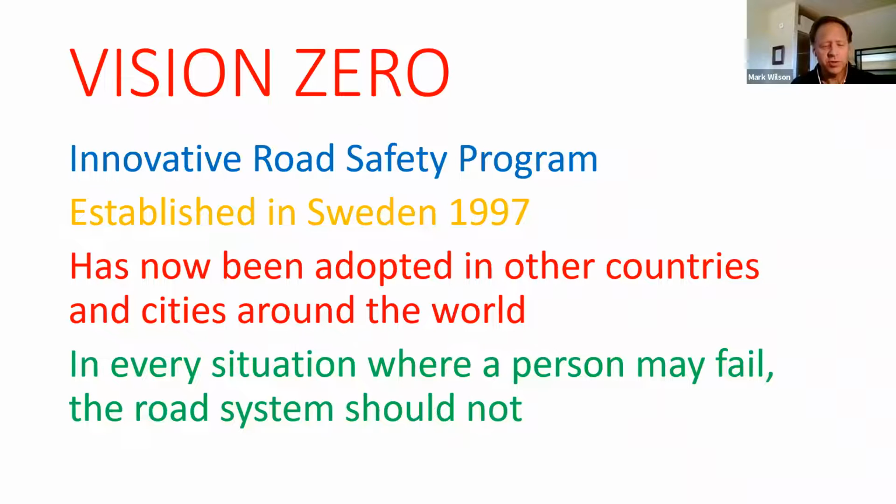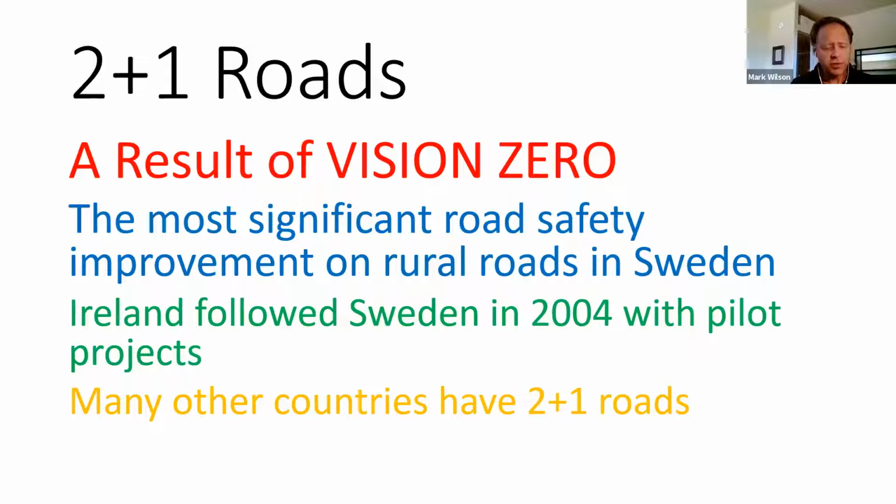This innovative Swedish program, established in the late 90s, follows the principle that humans make mistakes, and that in every situation where a human may fail, the road system should not. 2+1 roads were a result of Vision Zero principles and have been the most significant reason for the reduction in fatal and serious injury crashes caused by high energy crossover and head-on collisions. Ireland, among other countries, followed Sweden's lead with their own successful 2+1 pilot projects.